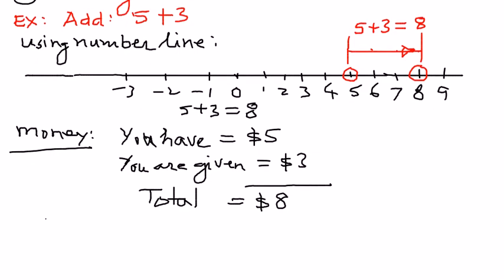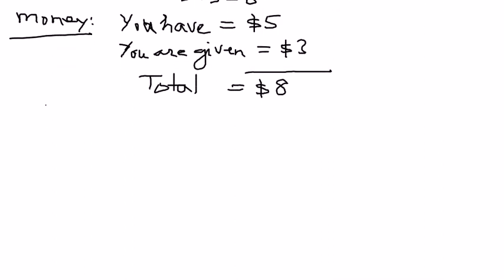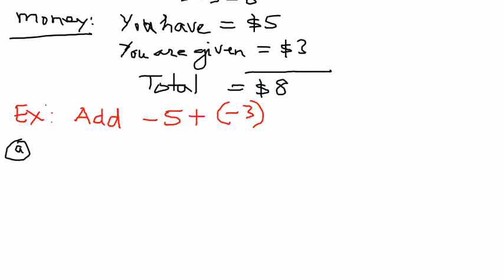Let's take another example to add integers. In this case, let us say we want to add these two numbers, -5 plus -3. If I want to first use the number line method, what are we going to do here?